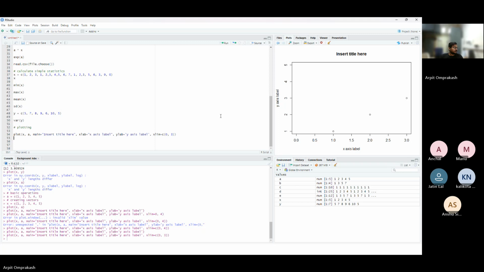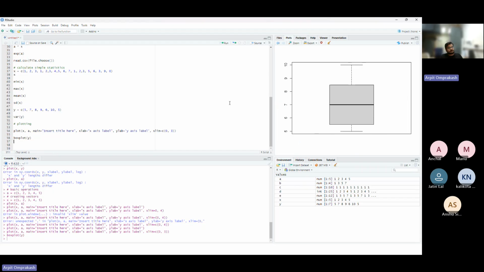Then there are other things that you can look up in R, such as bar plot and box plot. I wanted to just plot the box plot of y, and we get a box plot. This is basically telling us that for y, which is our data here, the median is around 7.